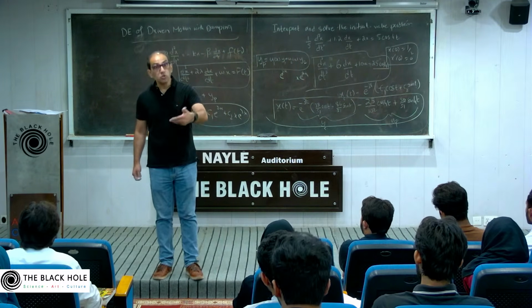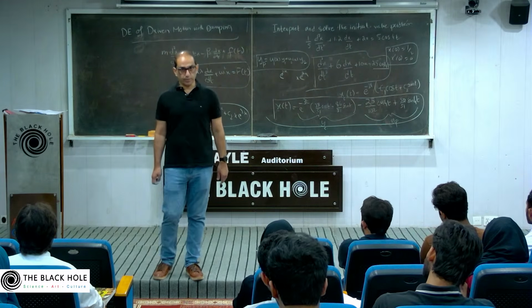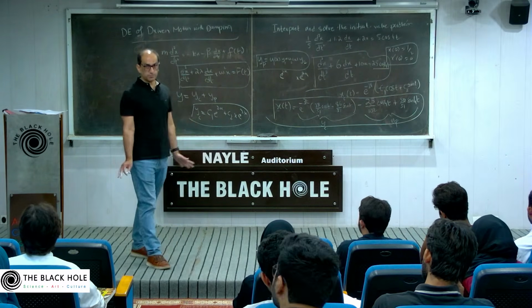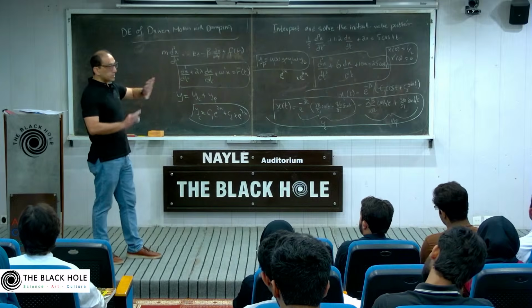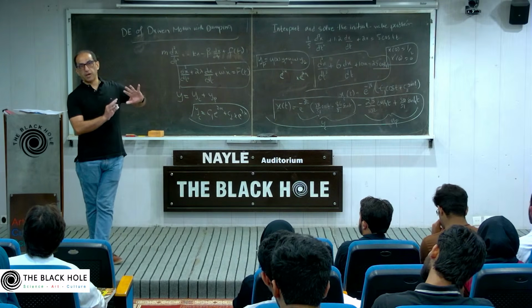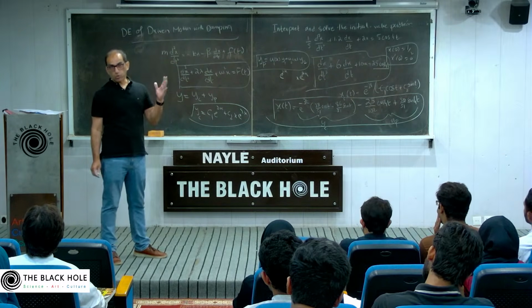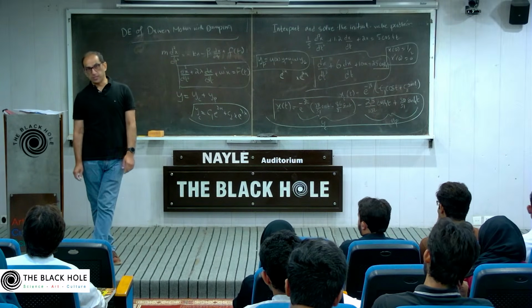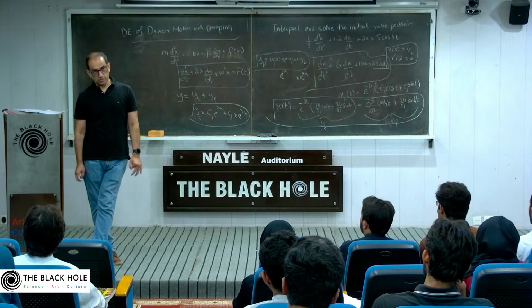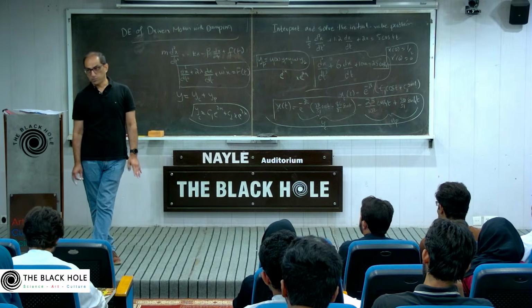But you will have to continue pushing, right? That's the whole idea. So this is a beautiful physical example where you can see the method working and also all the physics which is buried in here. Okay? Questions? Please ask.